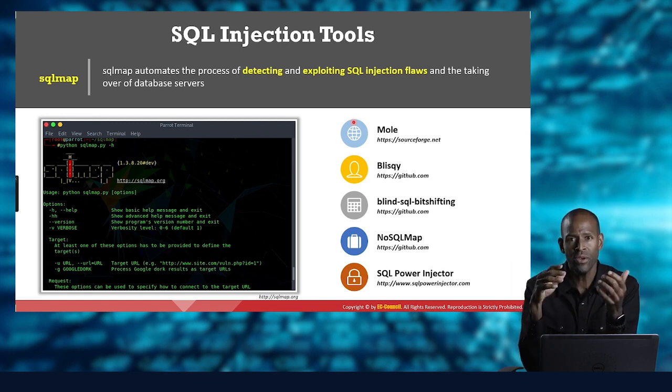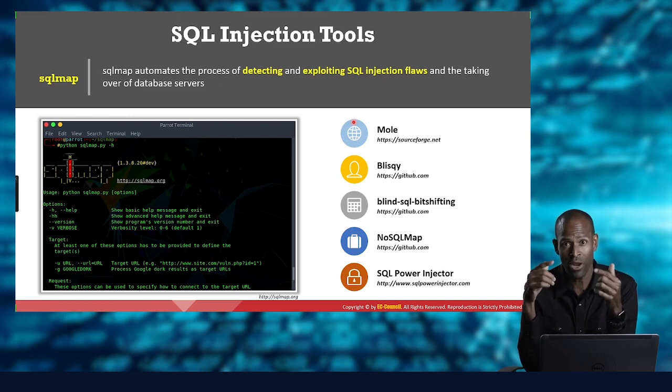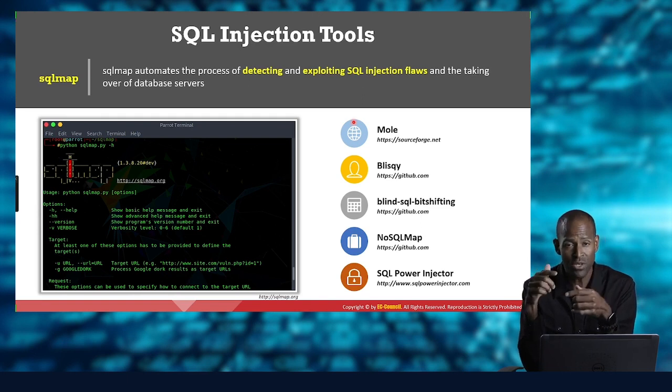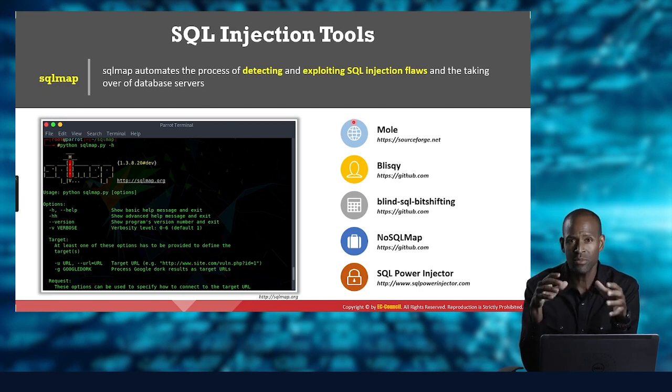Or you can use a regular expression to find a pattern of a username or a password. In order to do these things, you have to iterate over and over again, getting yes or no responses from the database that you can measure and use. To find the database name, iterate through all the letters of the database name. To find the name of each table in the database, iterate through the names of the tables.